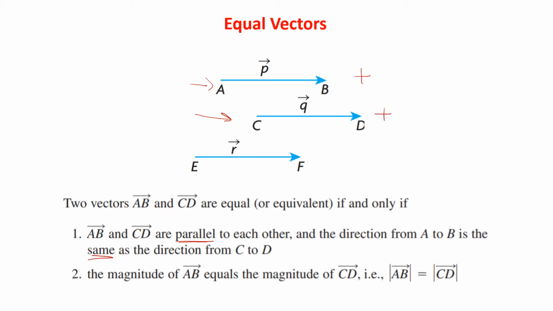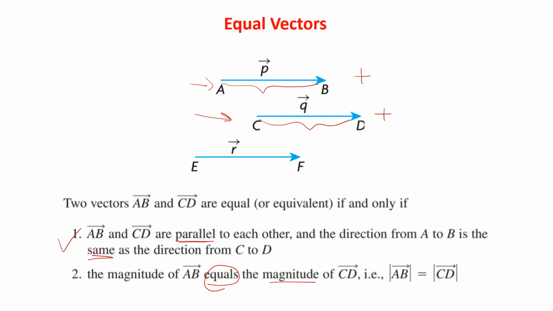So I do satisfy the first condition for equal vectors. The second condition, however, is that the magnitude of AB equals the magnitude of CD. So that means the length of my arrow over here needs to be the same as the length of CD.